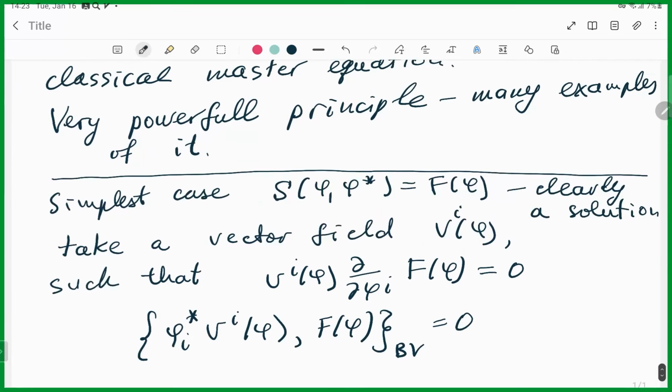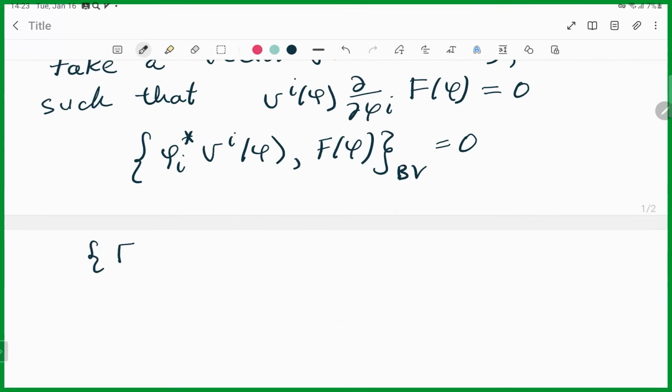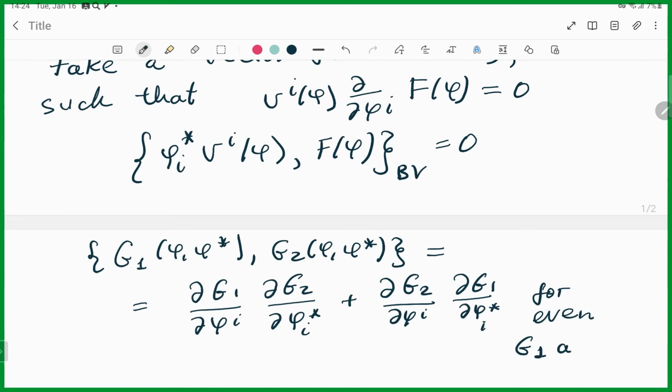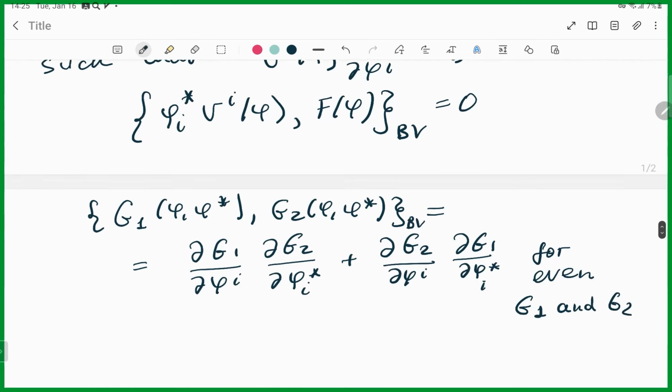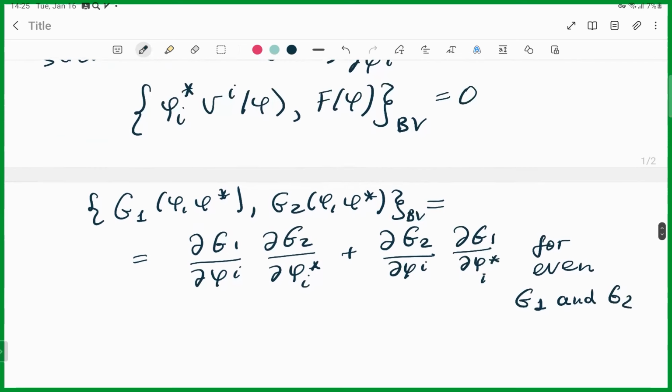The BV bracket I will define on even quantities, which I will call G. It is defined for even G1 and G2. In this way, I may say the following.